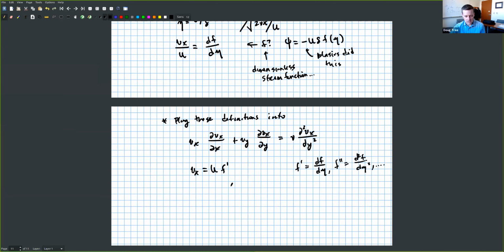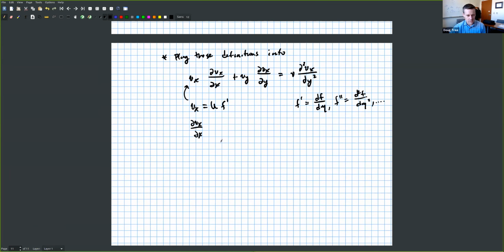That's pretty easy. That will get plugged in right there. But then we need to have the derivative of Vx with respect to x. And that gets a little more complicated. So I'll do one of these out, and then I'm just going to tell you the rest.